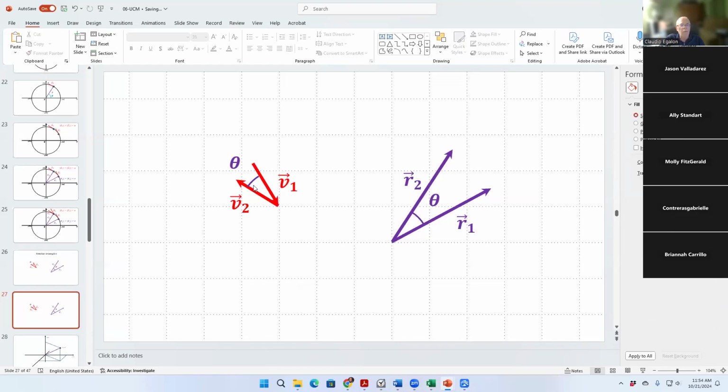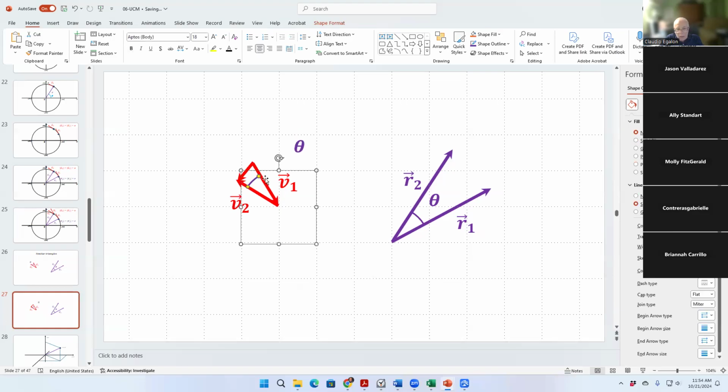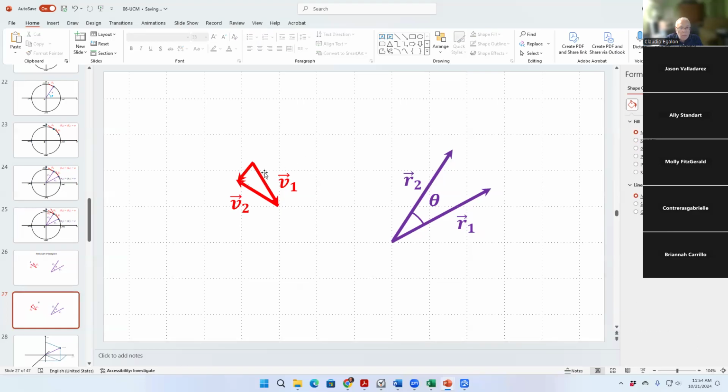V2 minus V1 is going to be this vector right in here, and don't forget, it is a vector that is parallel to the acceleration vector. Let's write that down here.